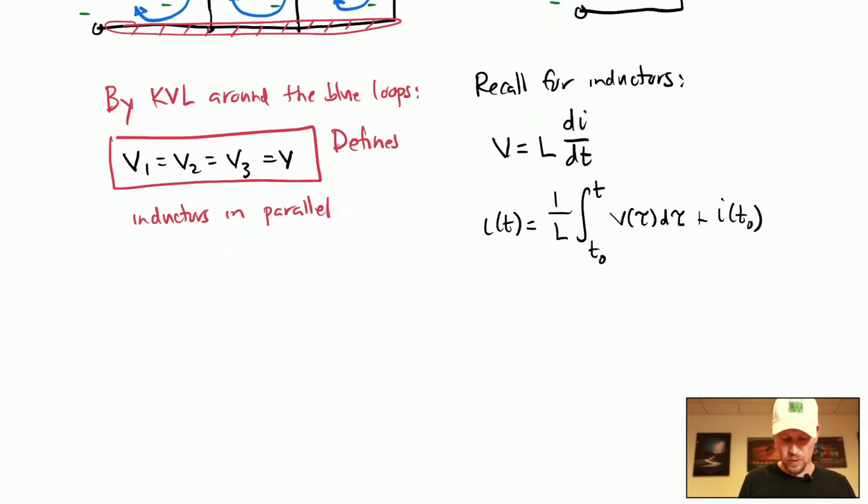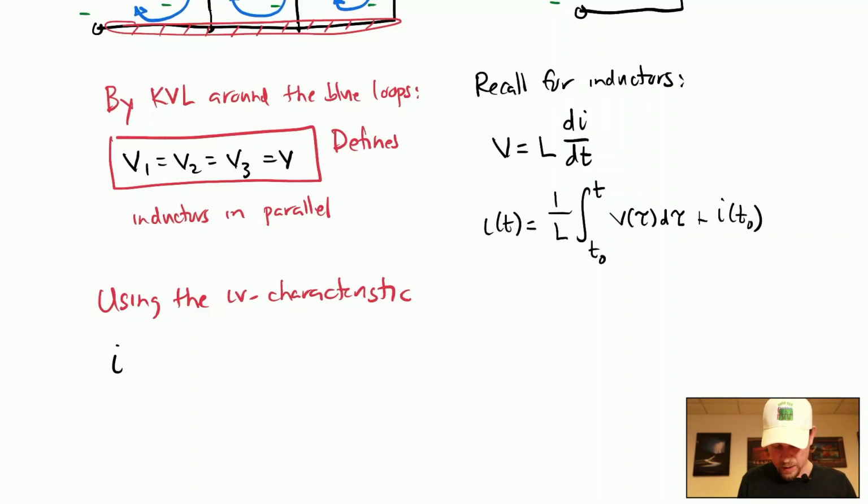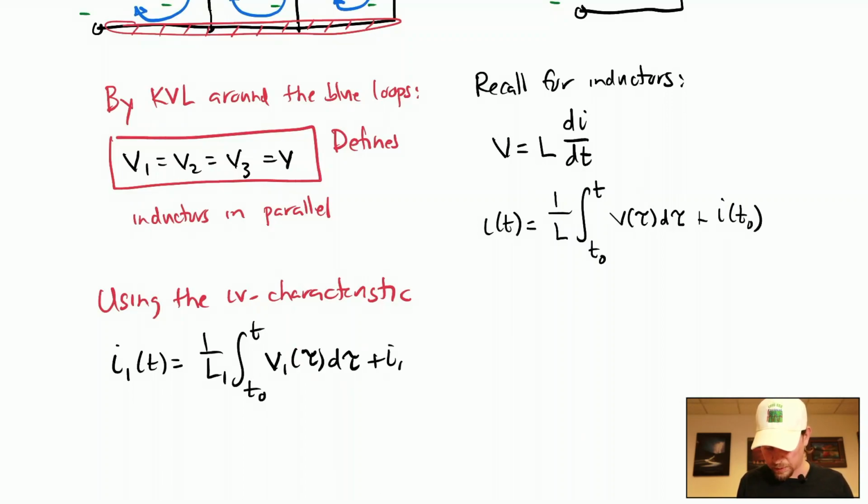So using the IV characteristic 4 times, I can definitely say that the current I1, which in general is a function of time, is equal to 1 over L1, the time integral from t0 to t, of the voltage V1 integrated with respect to tau, a dummy variable, plus whatever current existed in that inductor at t0.